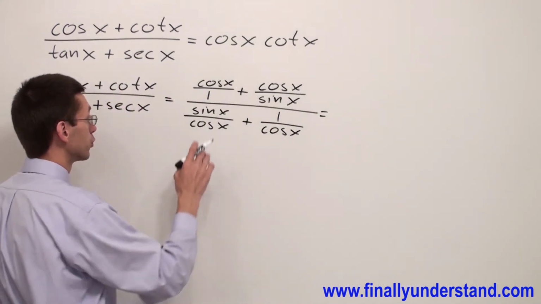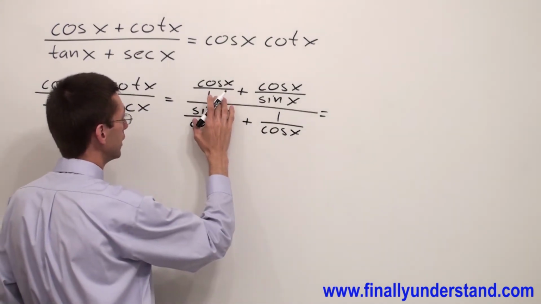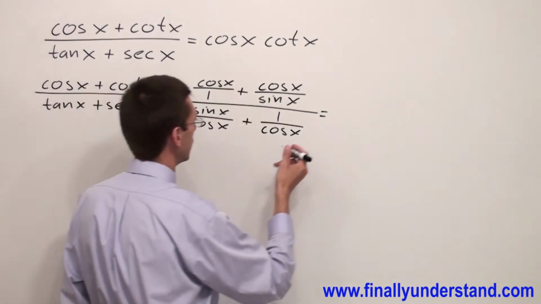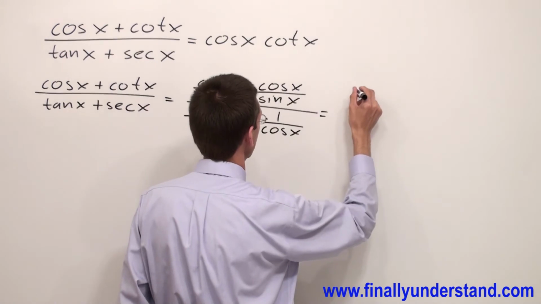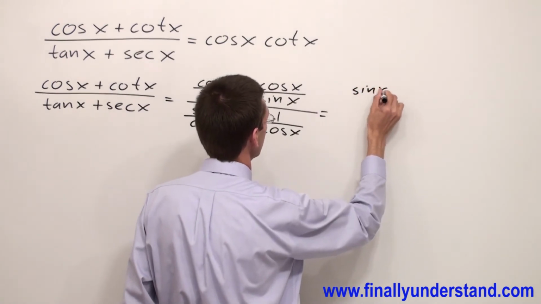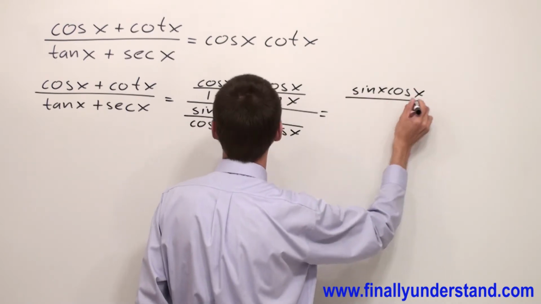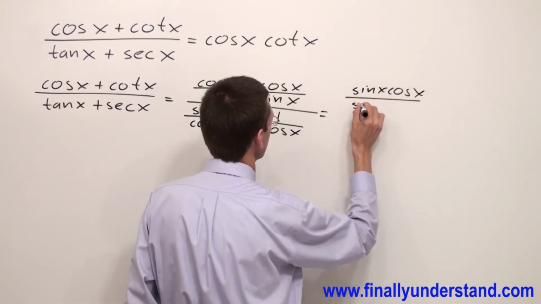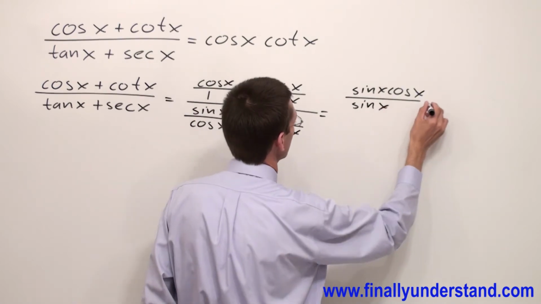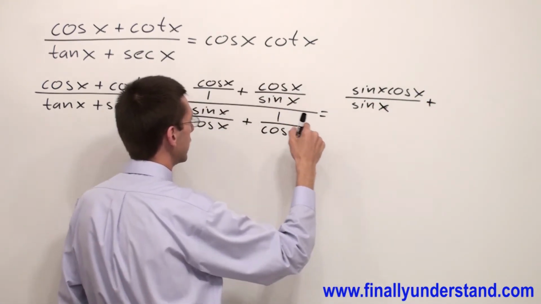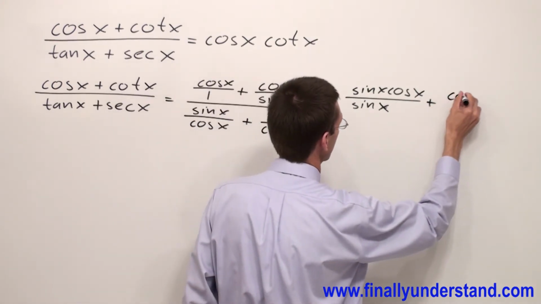This is equal. Next, I'm supposed to organize the numerator and denominator. What I mean by that, I'm supposed to find the common denominator. The common denominator for these two fractions is sine x. That's why my first fraction is going to look like this: sine x cosine x over sine x plus cosine x over sine x.